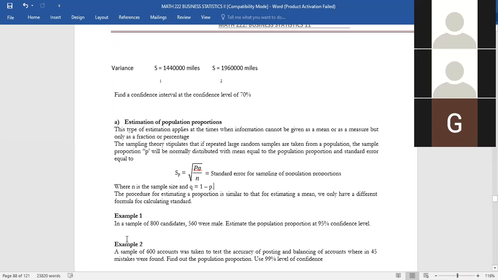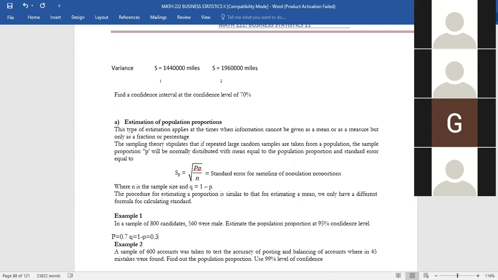So we can say our P is equal to 0.7. So what is our Q? You said Q is equal to 1 minus P. So what will be 1 minus P? 0.3. Just that.